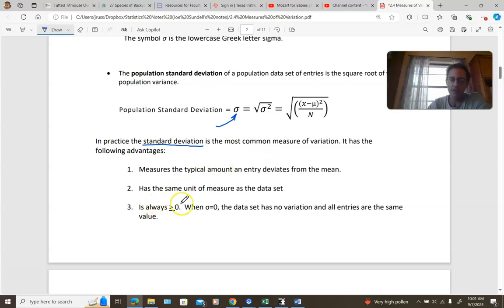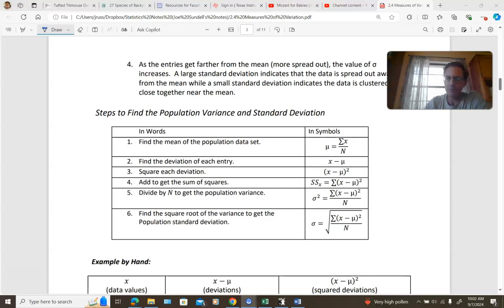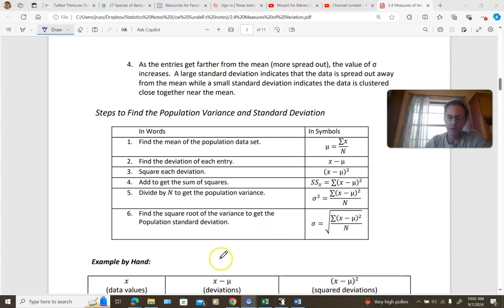And then the standard deviation is always going to be greater than or equal to 0. It's always going to be positive because of all the squaring that's occurring. And then if sigma is ever equal to 0, that means the data set has no variation and all the entries would have been the same. They would have to have been the same. Okay. And then one more thing, and we'll actually look at how to do it by hand.